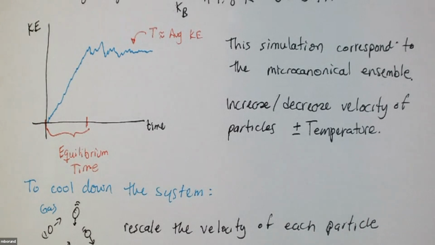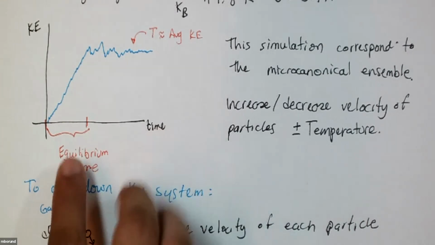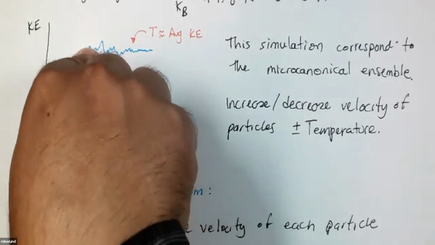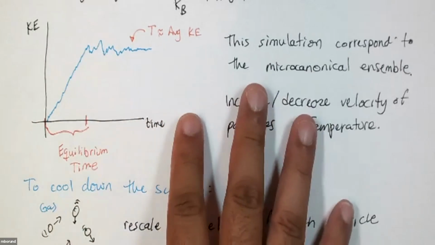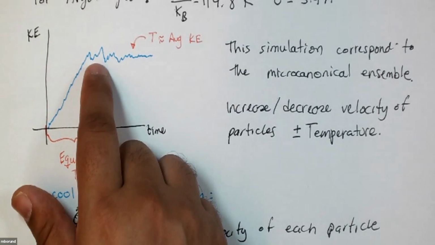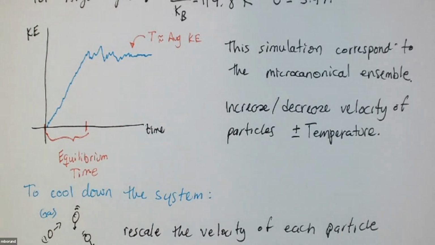You put them in some positions, and this is the kinetic energy over time. You're going to put an equilibrium time into the calculation because the system has to equilibrate. Maybe some parts of it had too much stored energy in them.